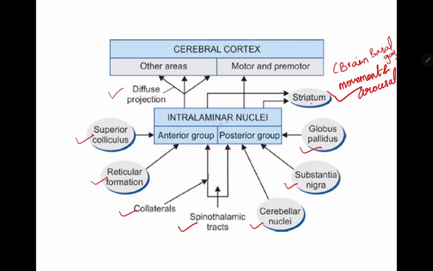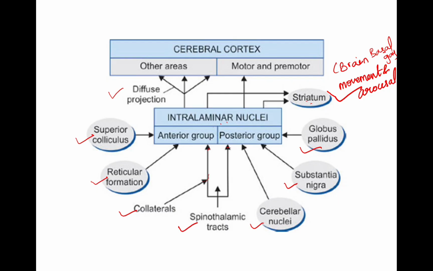These are diffuse projections. So basically the intralaminar nuclei is like a school bell. Lots of triggers can ring a bell, like pain, loud sounds, movement signals. When it rings, it doesn't give a lesson. It just makes the whole school wake up and pay attention to what is happening by sending signals everywhere to the cortex.